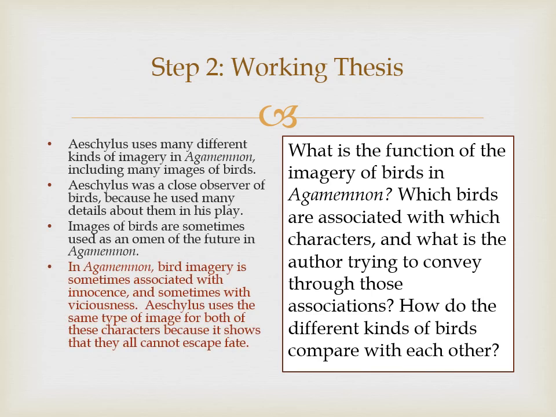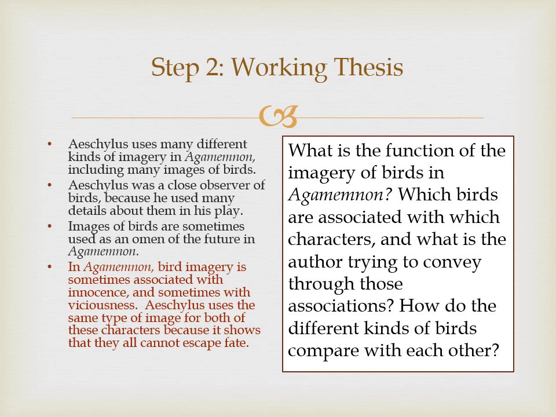Now, here is our final variation. In Agamemnon, bird imagery is sometimes associated with innocence and sometimes with viciousness. Okay, this first sentence is a little bit like the previous one in that it's kind of getting at the idea of function, but by itself, it's not making an arguable point. So what we have is this second sentence that adds on, okay, so here's why that's important.